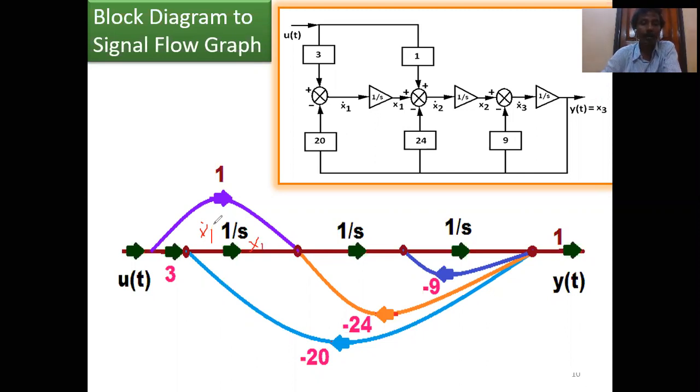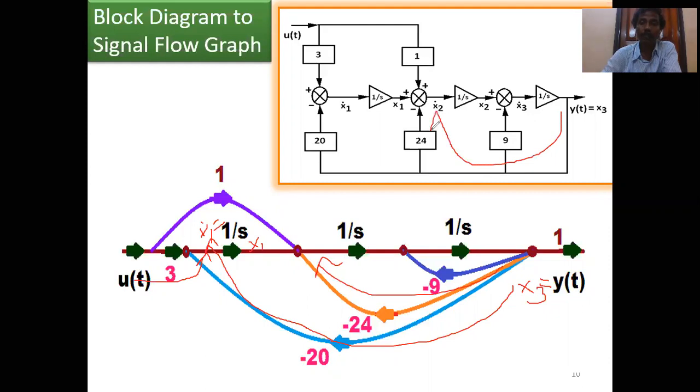And x1 dot equals minus 20 into x3 plus 3 into u of t, where y(t) equals x3. So the first equation is satisfied.